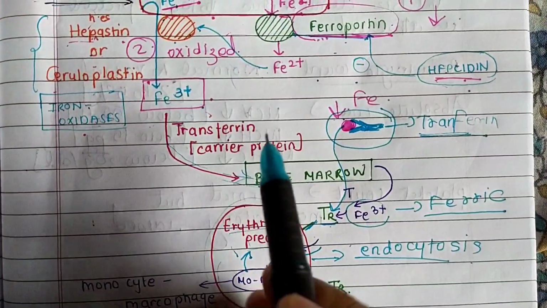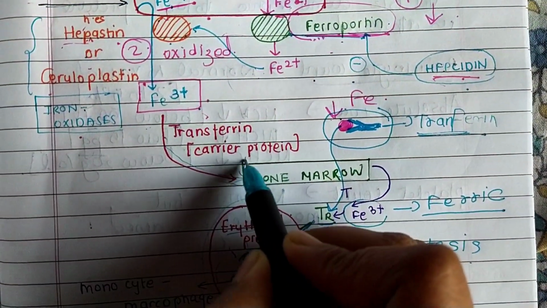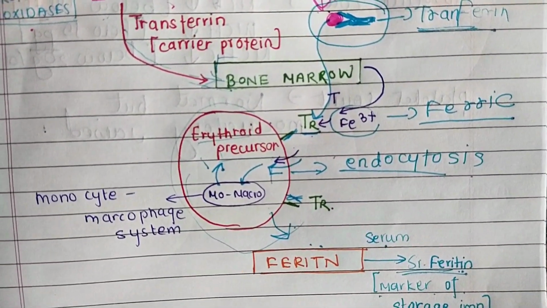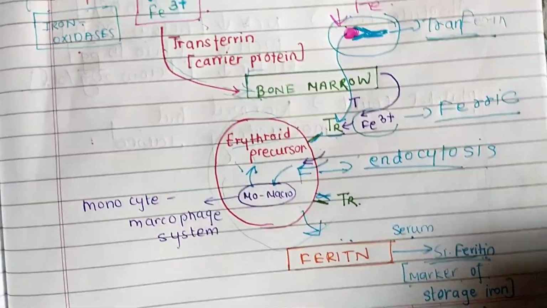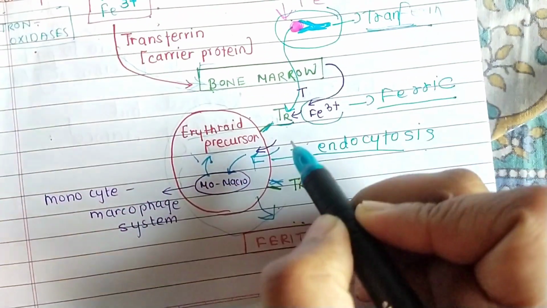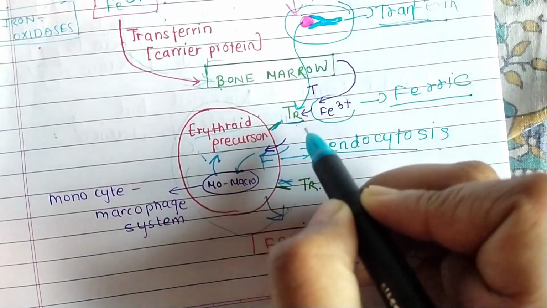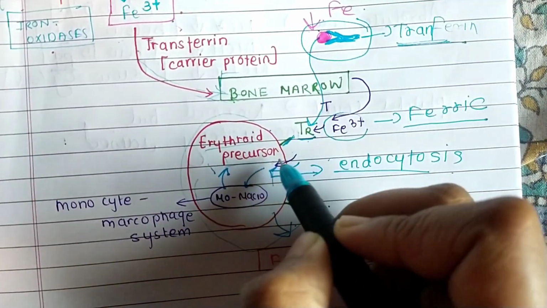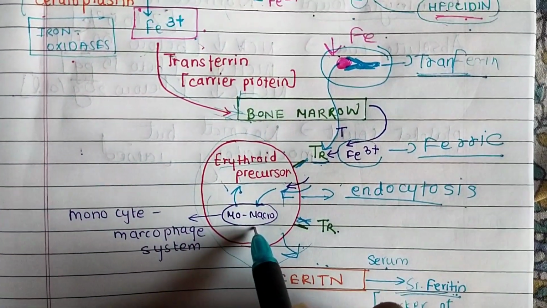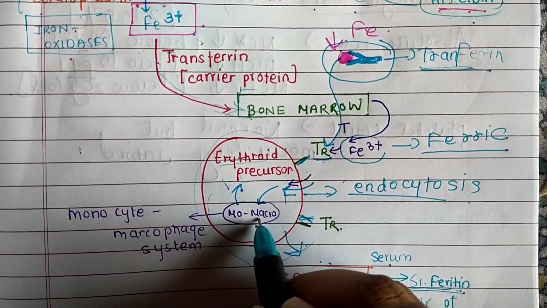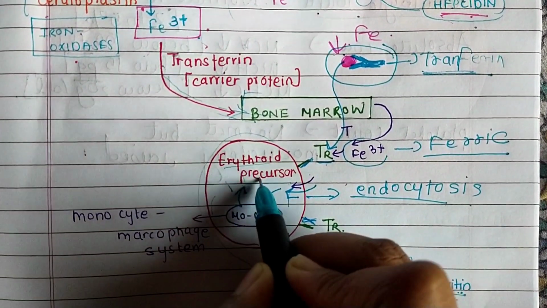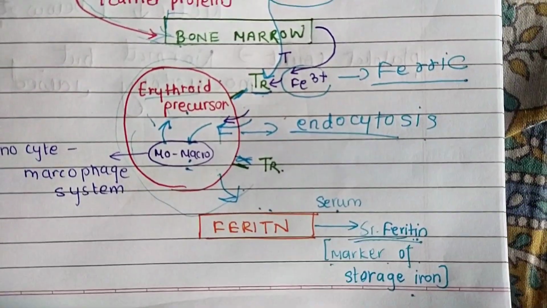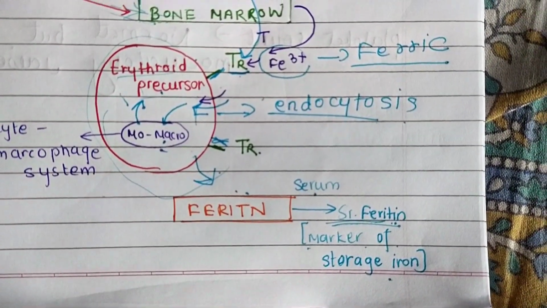After the transferrin carrier protein, it goes into the bone marrow, into the erythroid precursor through the transferrin receptors. Once it is taken up by the transferrin receptor, it is taken into the monocyte macrophage system, and there it is stored, which on erythropoiesis is released and forms ferritin, which is present in the serum as serum ferritin, and which is the marker of storage iron.